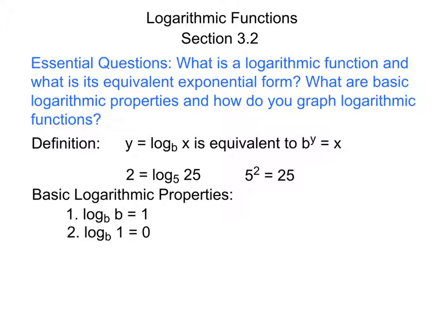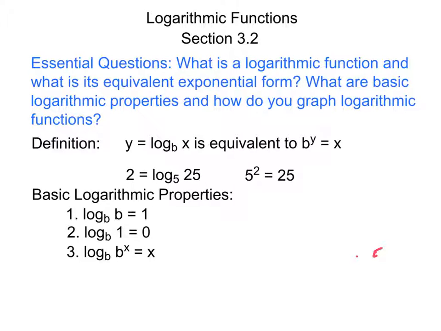Now the second property we have states that the log to the base b of 1 is equal to 0. Well, again, if you go up here to the exponential form, all we are really saying is that b to the 0 power is equal to 1.